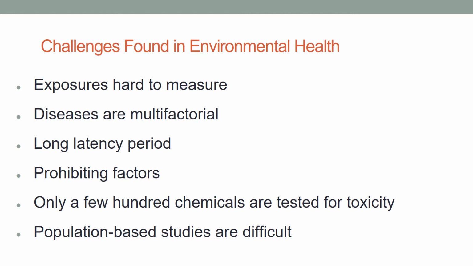And there are as many as 100,000 chemicals on the market today, but only a few hundred of these have been tested for toxicity. So it is really difficult to assess the vast extent of exposure in environmental health.